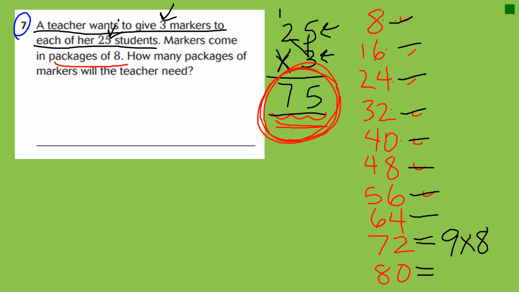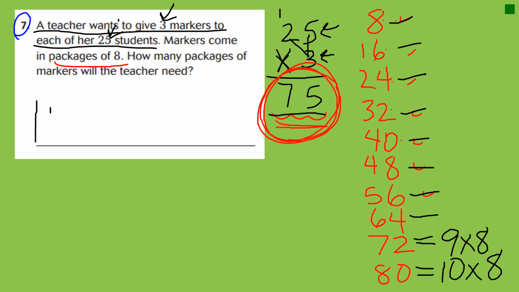She is going to have to buy 10 packs of 8 markers. She's going to have to buy 80 markers, right? Sorry, teacher. You're going to have to buy 80 markers. She'll have some left over, but every student will have the 3 markers that she wants them to have.